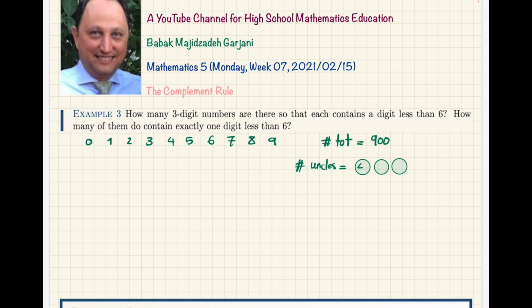So the first one is 4. Stage 1 can be done in 4 different ways because nothing is mentioned about the repetition. It means repetition is allowed. So all of them are 4, and if I calculate, it becomes 64. So this means that the question mark here becomes equal to 900 minus 64, which, as you said, is 836. Is that understandable for everyone?